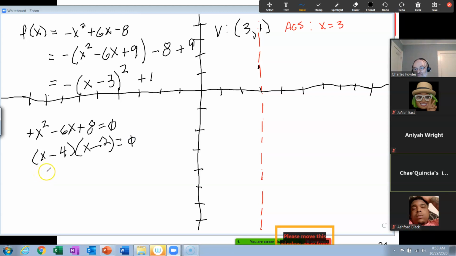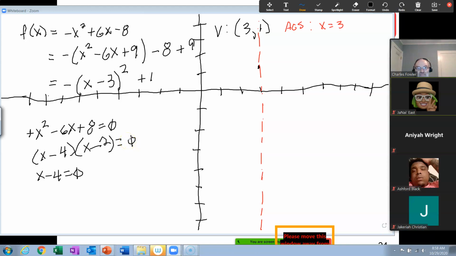And that gives us either x minus 4 is equal to 0, because you can't have two entities multiplied together to give you 0 unless one or the other of those is 0. So it's either x minus 4 is equal to 0 or x minus 2 is equal to 0. If you add 4 to both sides here, you get x equals 4.